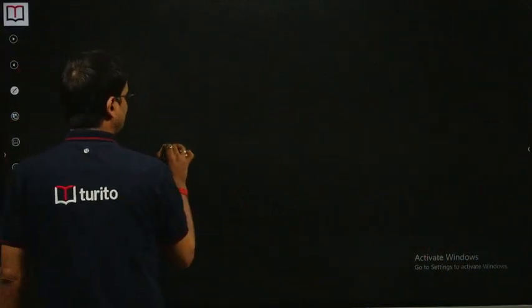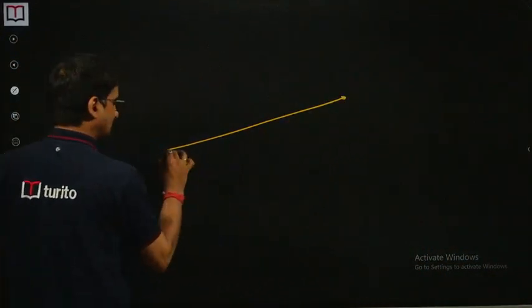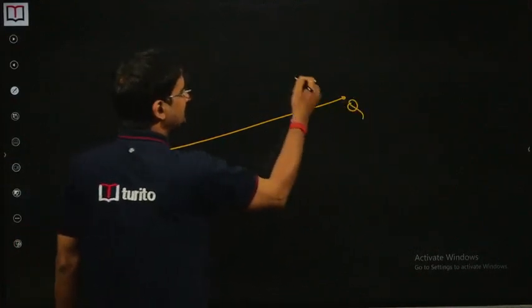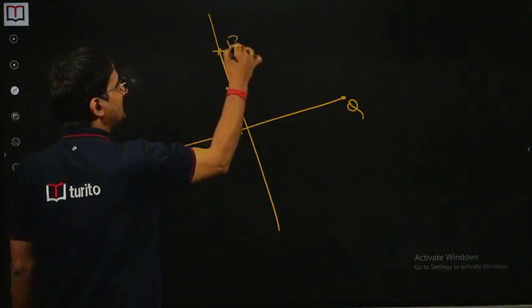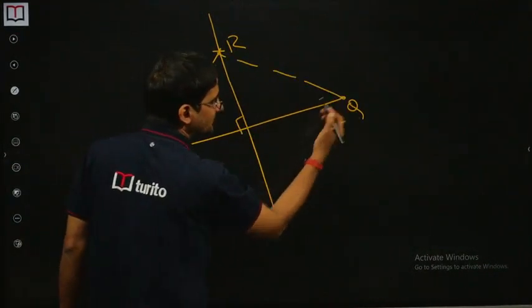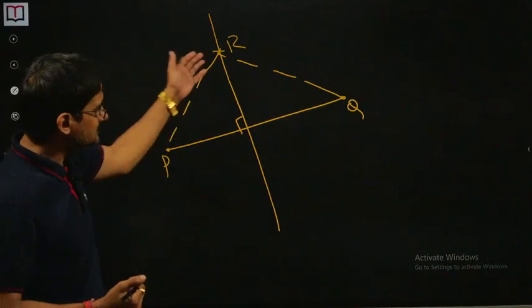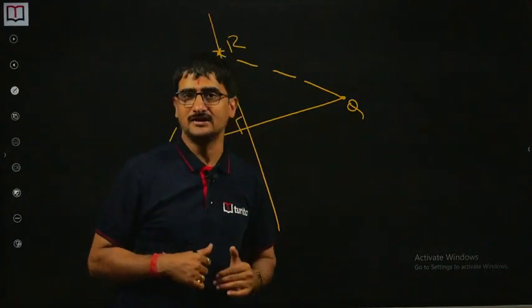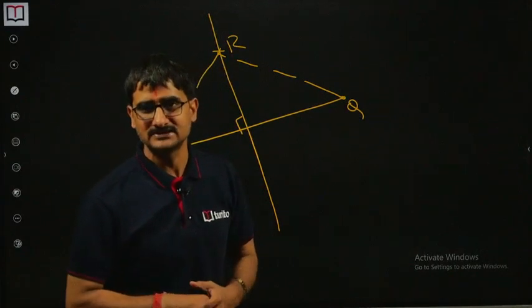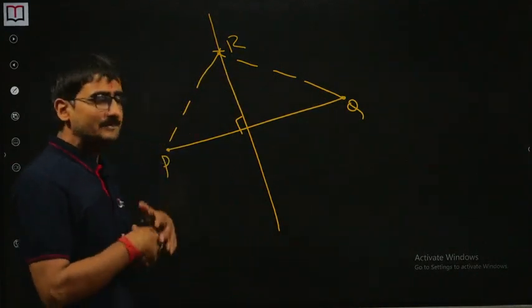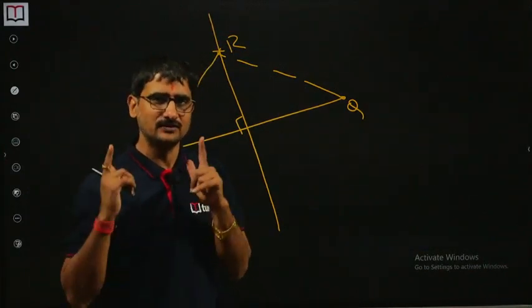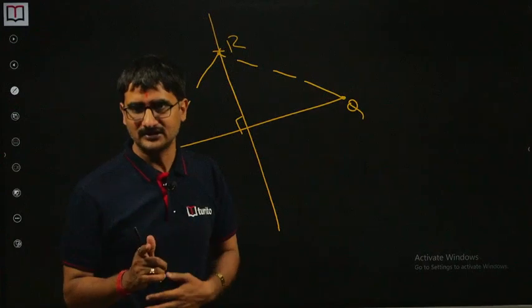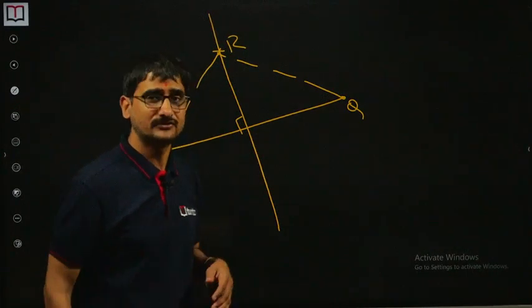Because if PQ is a fixed given line segment, the property of the perpendicular bisector is that any point on the bisector is equidistant from the end points of the segment. So if PR is equal to QR, we are going to get a straight line, and that straight line has to be the perpendicular bisector of the segment PQ. But if it is anything else, not equal to 1, less than 1 or greater than 1, we are always going to get a circle.